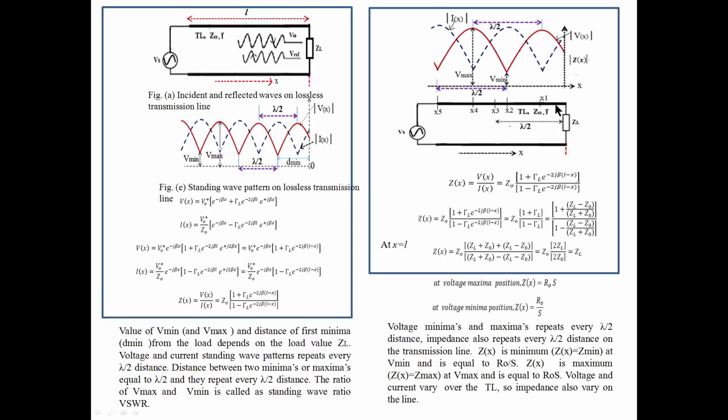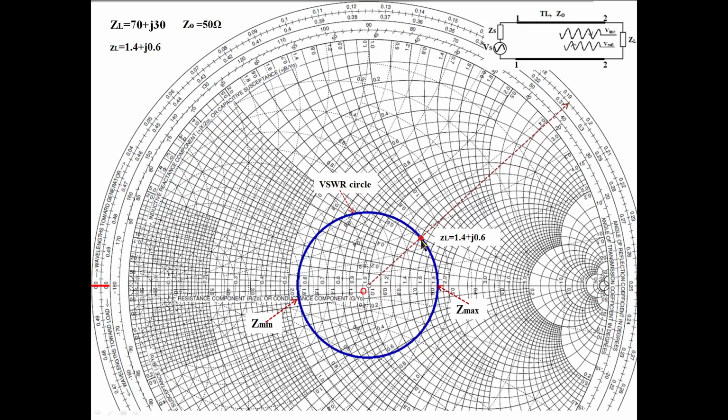All possible impedance variations we can observe as we move up to lambda by 2. The impedance increases, becomes maximum here, again decreases, becomes minimum here, and reaches a value equal to ZL here after lambda by 2.